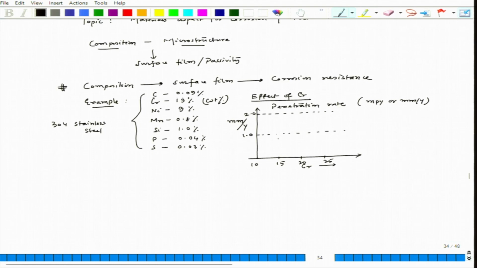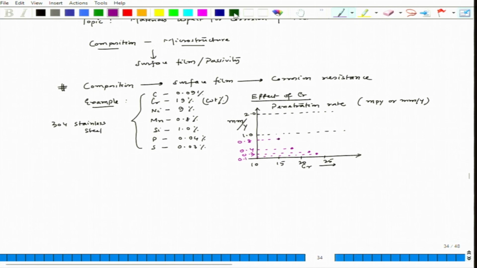Around 15% we have around 0.7, then around 17 to 18% it will be around 0.3, then around 22% it will be 0.15 or so, and close to 24% it could be around 0.1. So, these are millimeter per year.